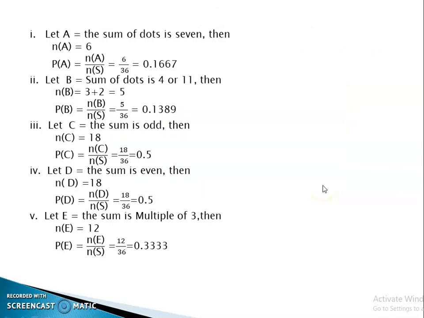So the favorable outcomes in the sample space for E, the sum being a multiple of 3, is 12. So probability of E is equal to the number of favorable outcomes to the event E divided by total possible outcomes, which is equal to 12 over 36. Simplifying this fraction, we get 0.333, which is the probability that the sum is a multiple of 3.